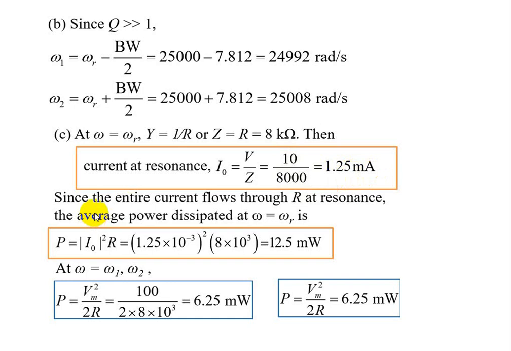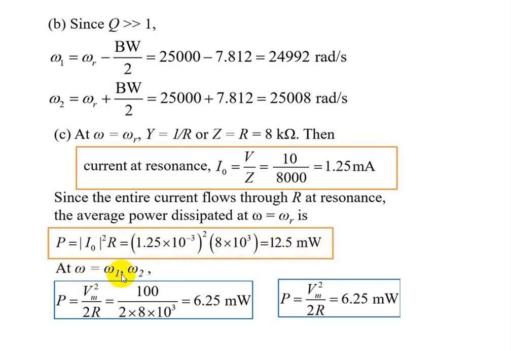Since the entire current flows through the resistance at resonance, the average power dissipated at resonance will be equal to I naught square into R. That is, I naught is 1.25 into 10 to the power minus 3, whole square, into 8 into 10 to the power 3, which gives us 12.5 milliwatt.